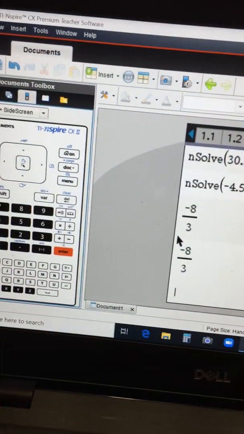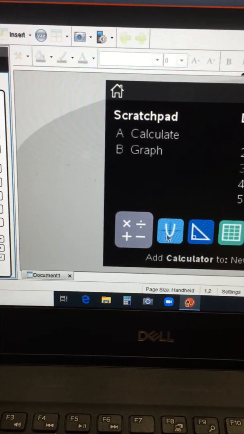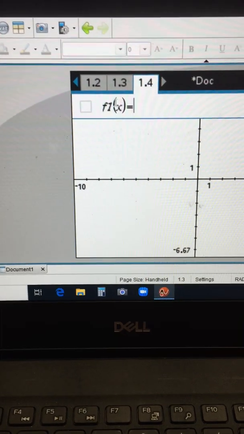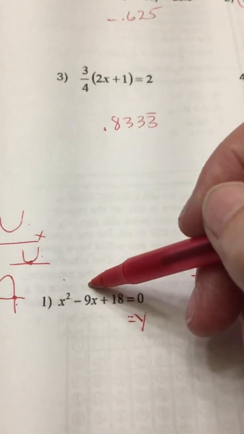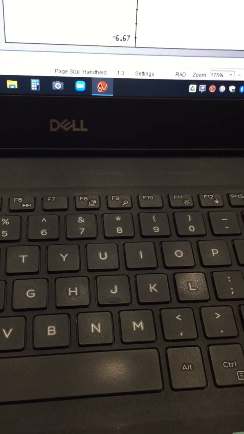So back over here, I'm going to go back to home, and instead of going to the add subtract screen, I go to the graph screen. I want to graph this one and look for the x-intercept. So my y equals is already in the calculator, and all I got to do is type in the x squared minus 9x plus 18, and then I can go trace around it. Let me put this one in real quick. I'm not going to put the rest of them in.